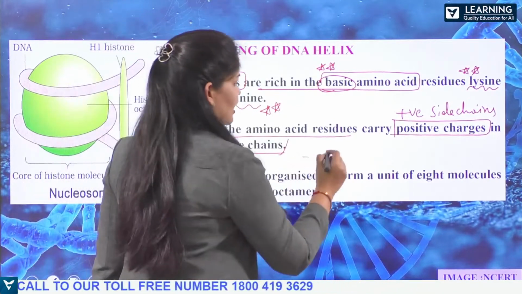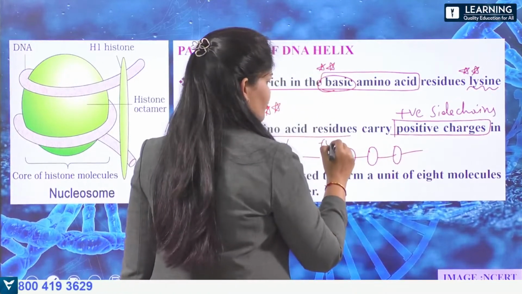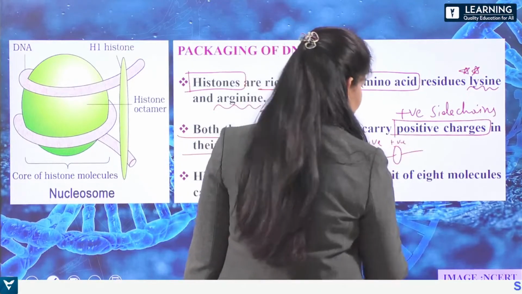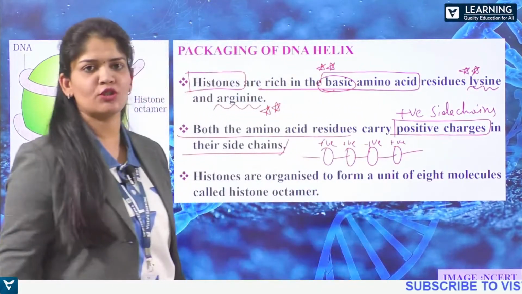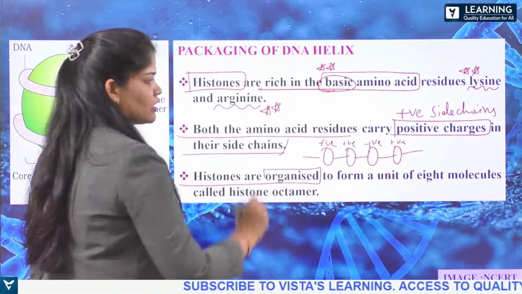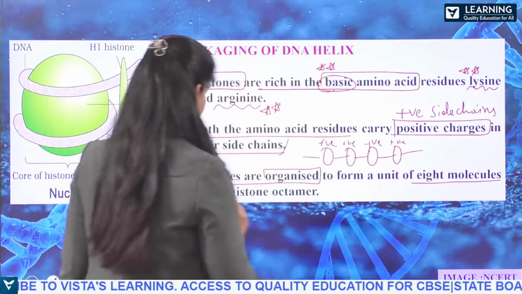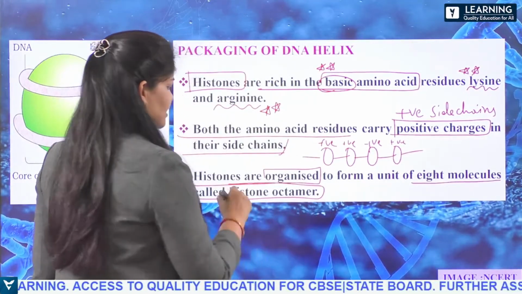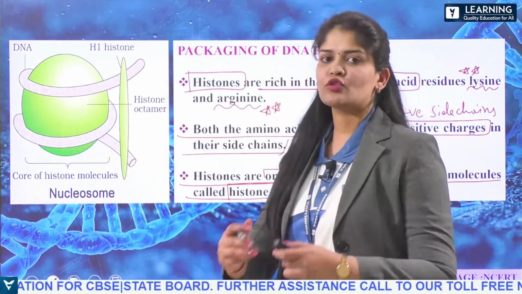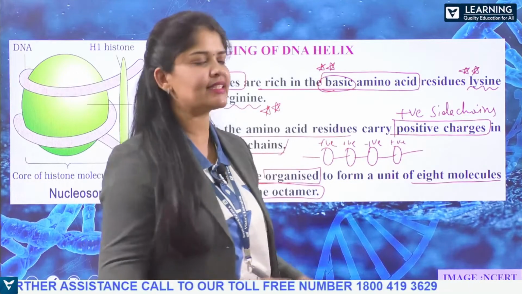Just now we said that if amino acids are more abundantly positive, this protein also acquires a positive charge. So, histones are organized to form a unit of octamer, 8 molecules, and that we call a histone octamer. So here, this is all about understanding how the packing of the DNA helix takes place.